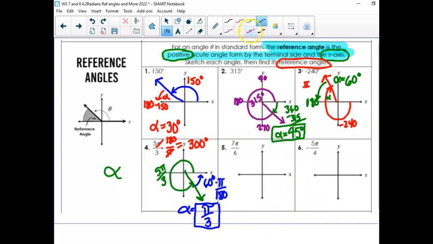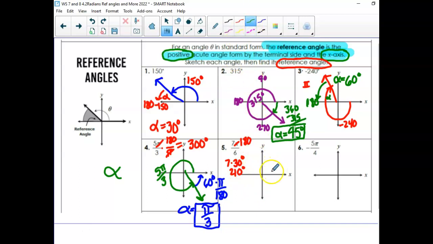I'm going to do another one, but can I talk you through how you could do this in your head without touching your calculator maybe? Pi is really the same as what? 180 degrees, right? 6 goes into 180 how many times? So this is really 7 times 30, which is what? 210 degrees?